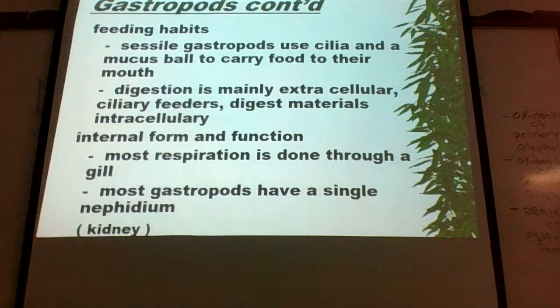I guess you could say it's a form of filter feeding because of this mechanism right here. I'll let you write this down. Try to go into why that's important.